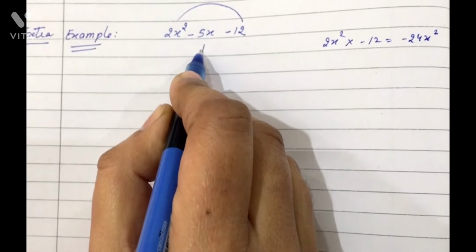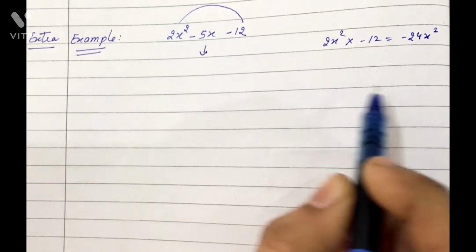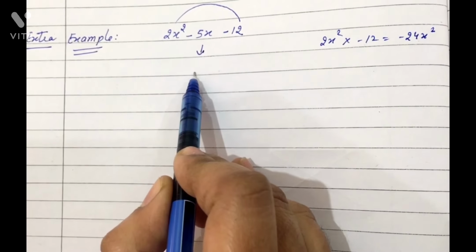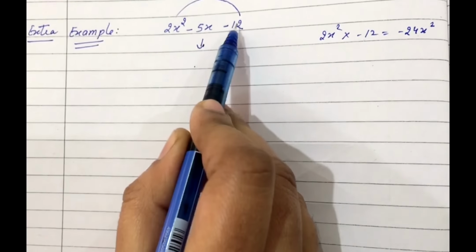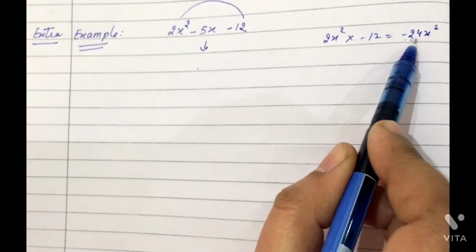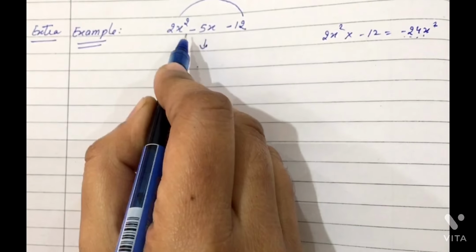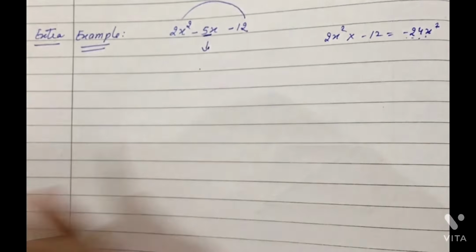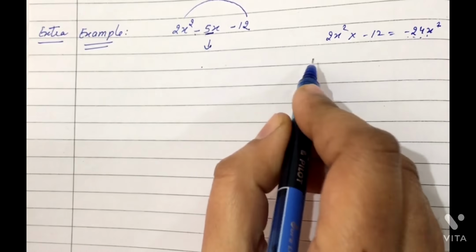Now we will split the middle term in such a way that the product of both parts would be the product of first and third term, which is minus 24x square. Now we need minus 5x in the middle term, not 5 exactly, we need minus 5.